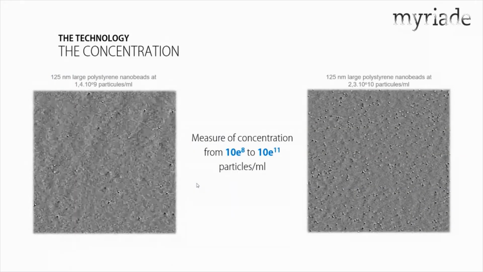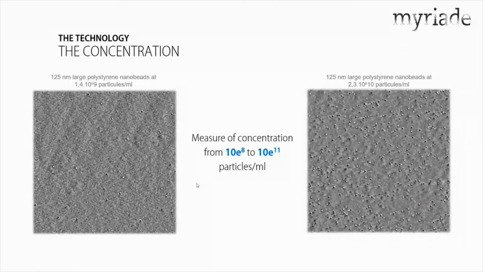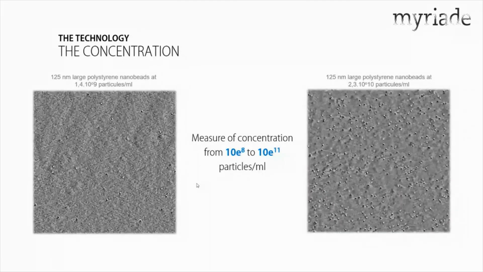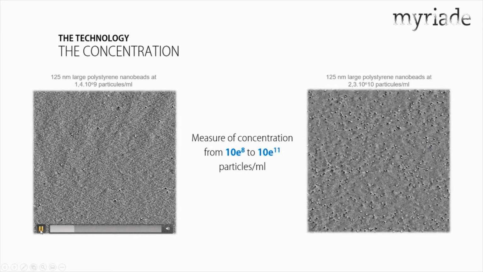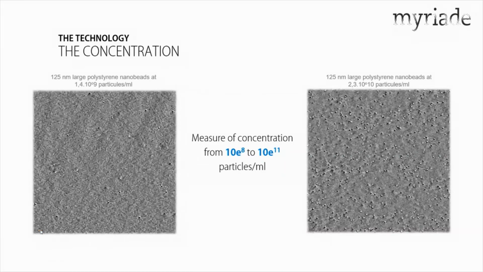Then, looking at the concentration, what is really interesting with the VideoDrop is that you can actually see the concentration. It will allow to measure concentration from 10 to the power 8 to 10 to the power 11 particles per milliliter. But what is very interesting is that you can, as I said, really see by yourself the concentration.